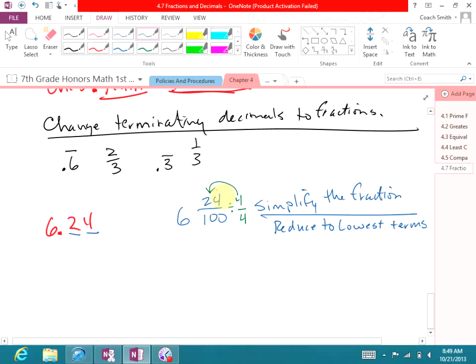And there may be something else. Okay, we'll just have to see. 4 goes into 24 6 times. 4 goes into 100 how many times? 25 times. So I have 6 and 6/25. There is no other common factor between 6 and 25. And so therefore 6 and 6/25 is your answer.